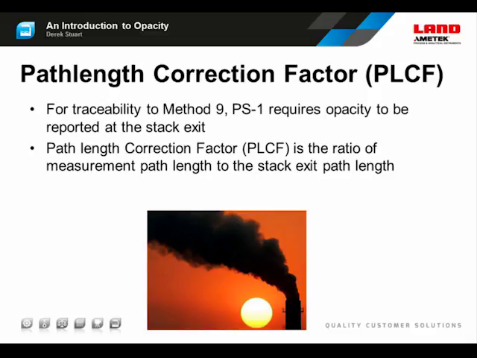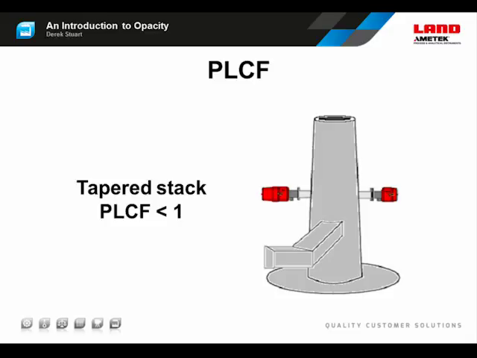I apologize, I've been talking about method 5. It's actually method 9. Method 5 is a different method altogether. So path length correction factor is the ratio of the measurement path length to the stack exit path length. So in this example, where we have a tapered stack, the PLCF will be less than 1.